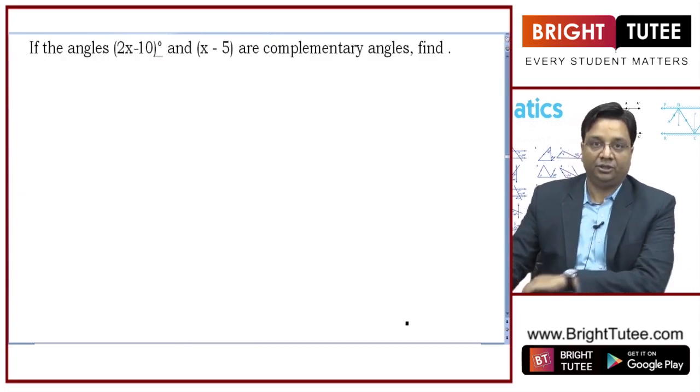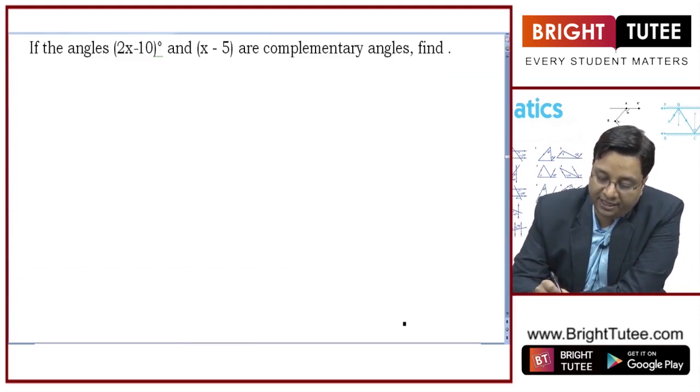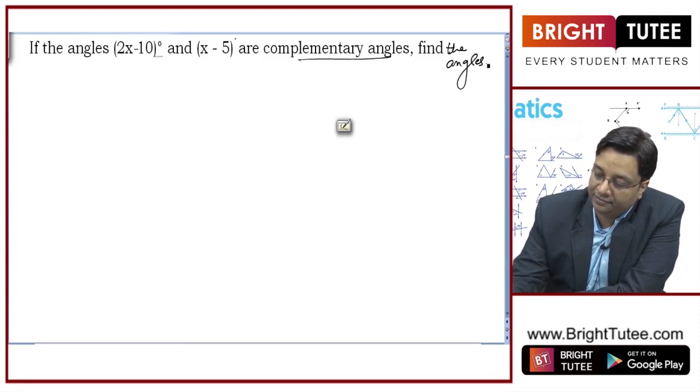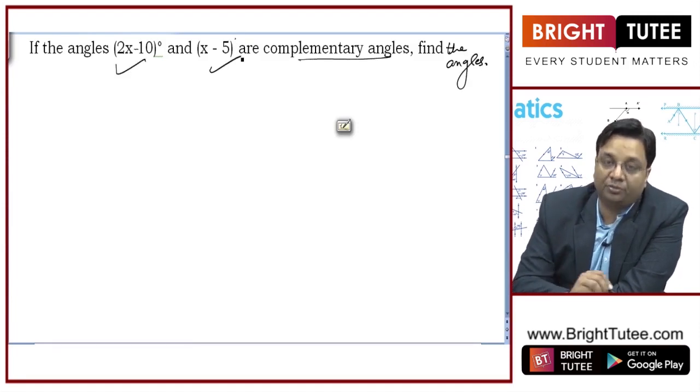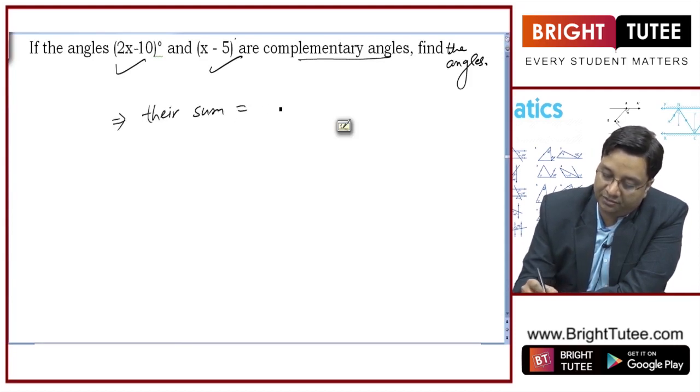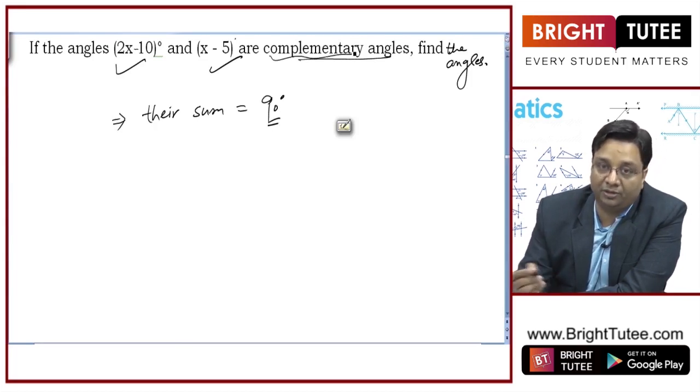If the angles 2x minus 10 degrees and x minus 5 degrees are complementary angles, find the value of these angles. Now these two angles are complementary, which means their sum is equal to 90 degrees. Why? Because these are complementary, it is already given.